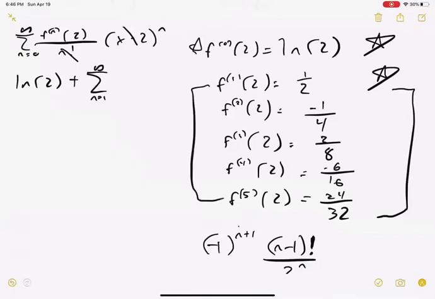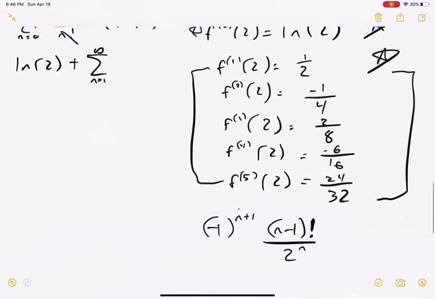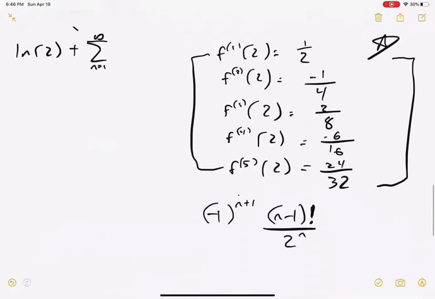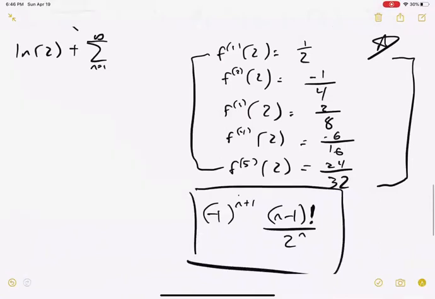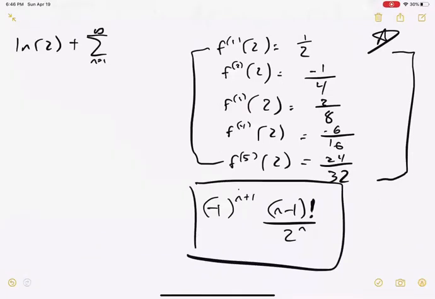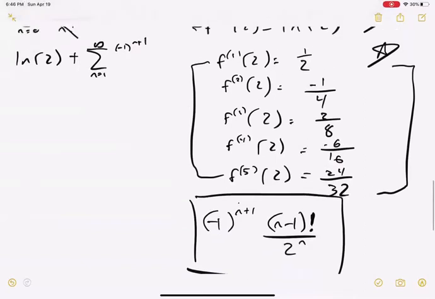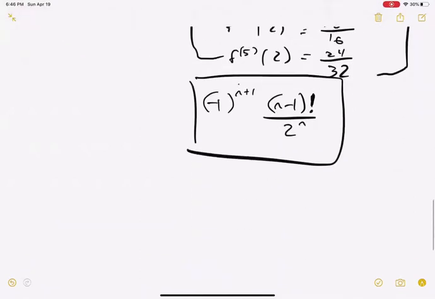So the fn part, just the fn part, is going to be this. Let's write that. I have negative 1 to the n plus 1, n minus 1 factorial over 2 to the n. I'll come down here where I can write it with a bit more room.